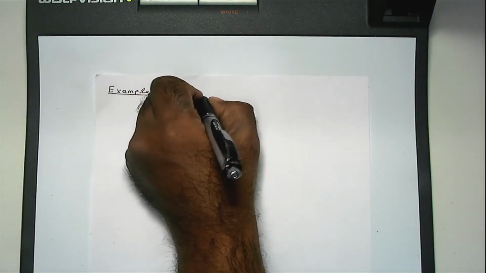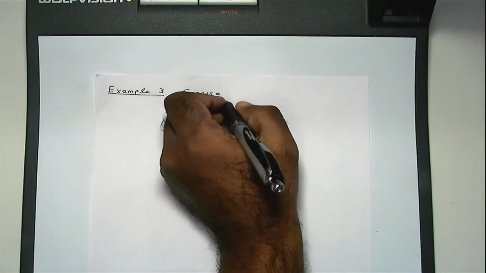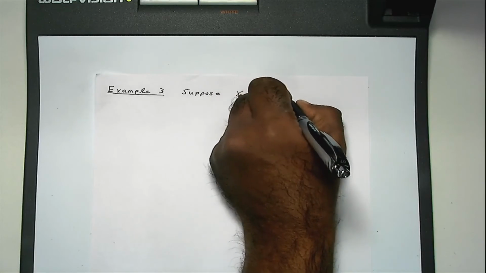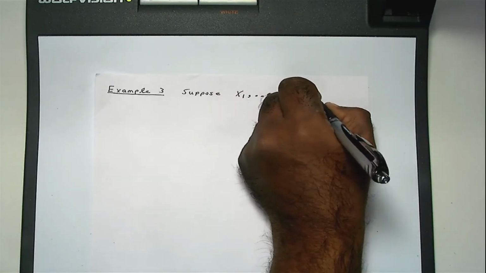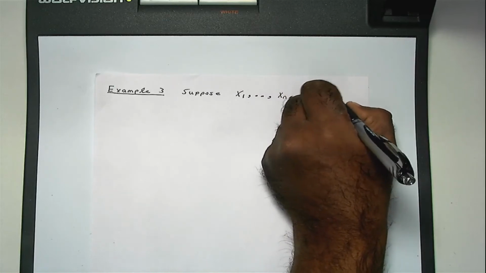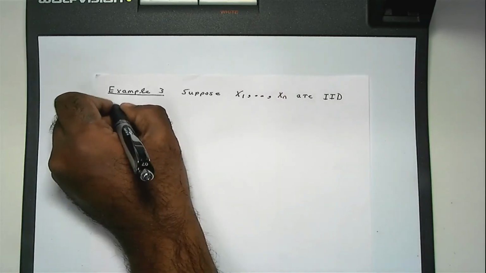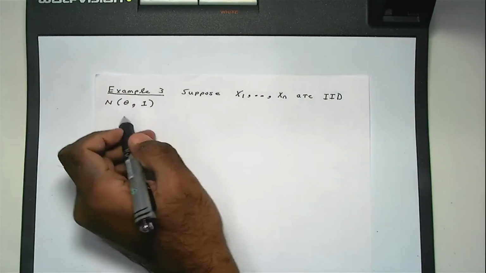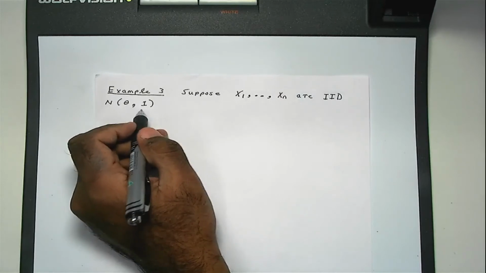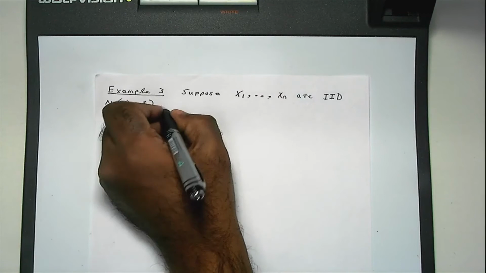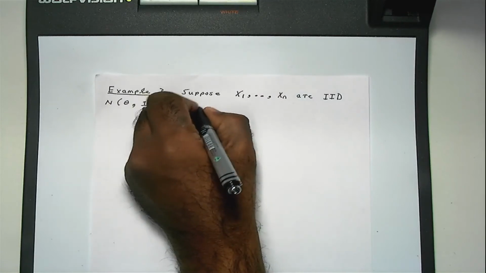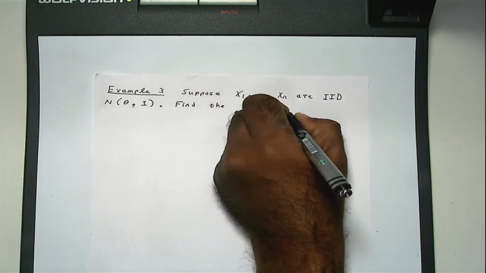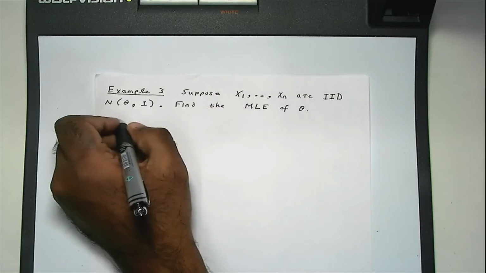Suppose you have a random sample from a normal distribution with mean equal to theta and variance equal to 1. Right? So find the MLE of theta.